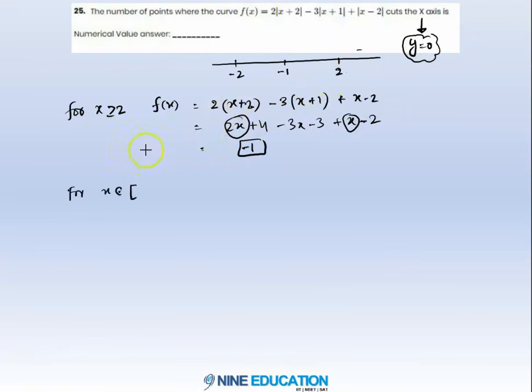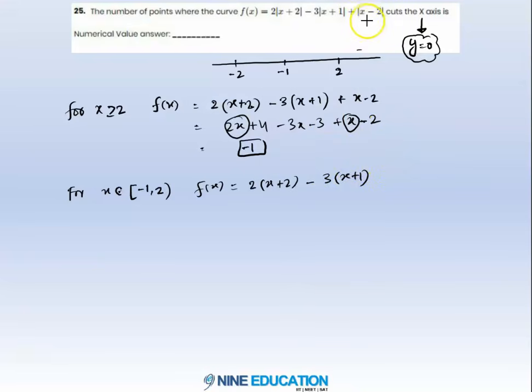Now for x belonging to minus 1 to 2 open, if we observe, function f(x) can be written as, still the first mod will be positive, right? So it is 2 times of x plus 2. The second mod will also be positive, so this is 3 times of x plus 1.